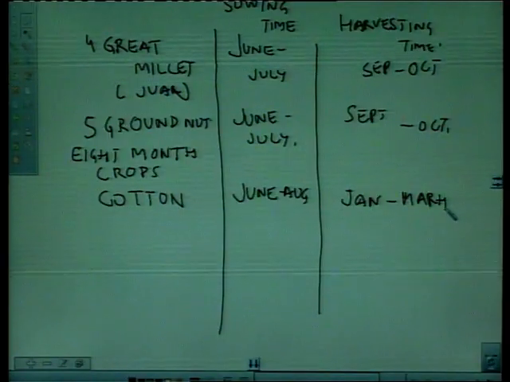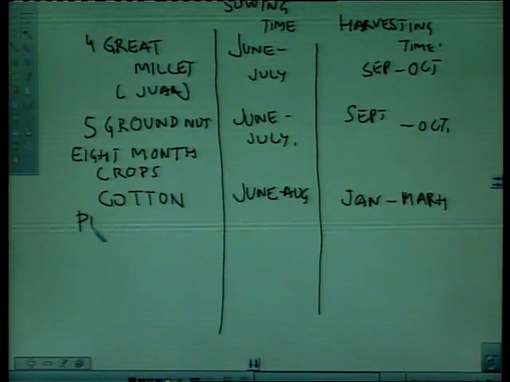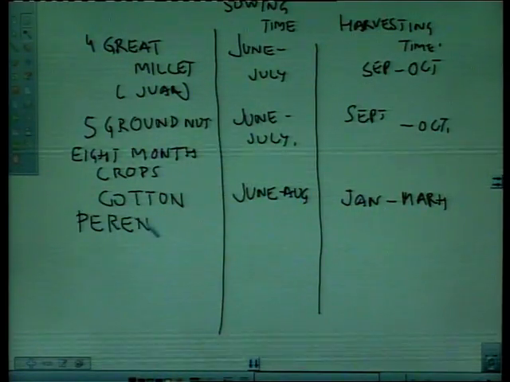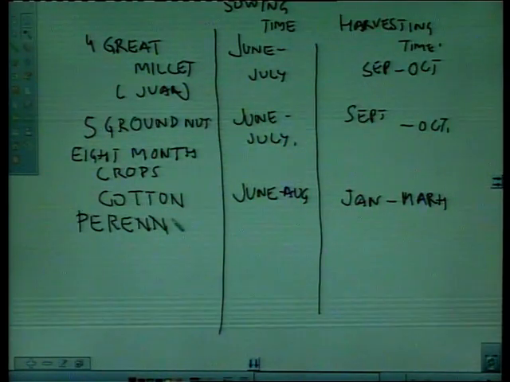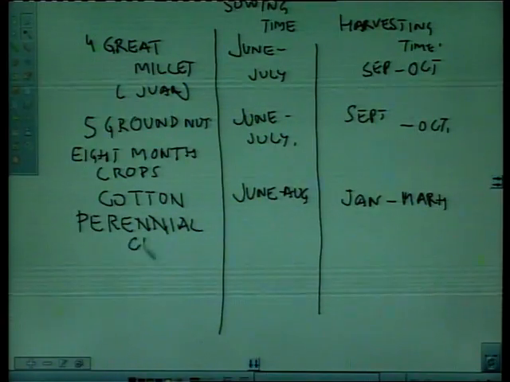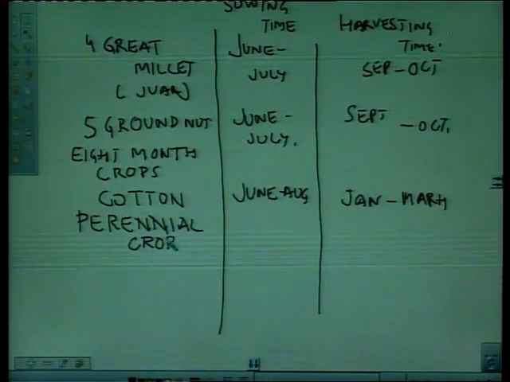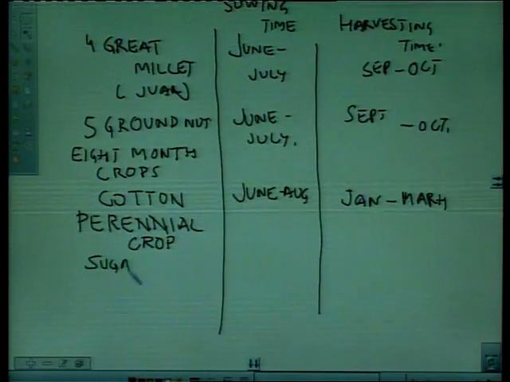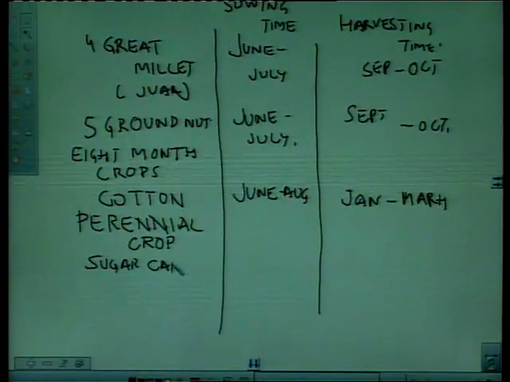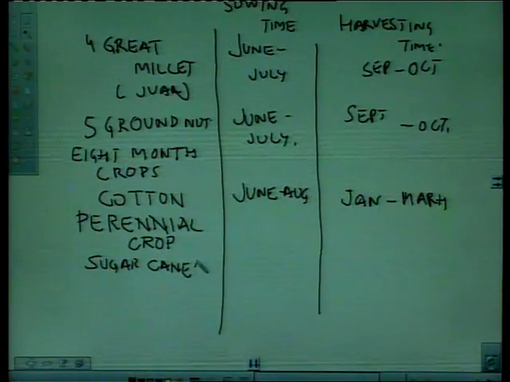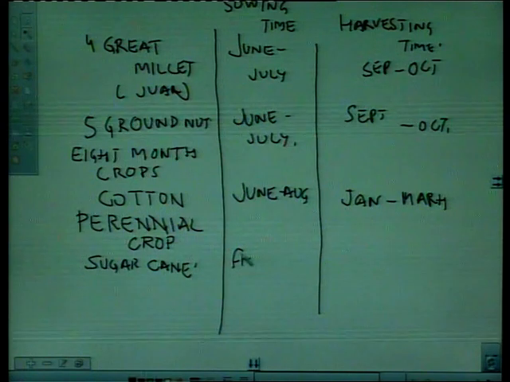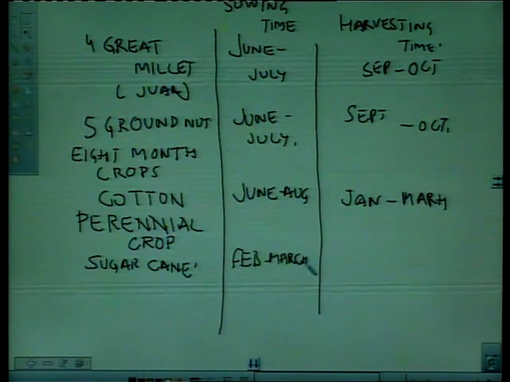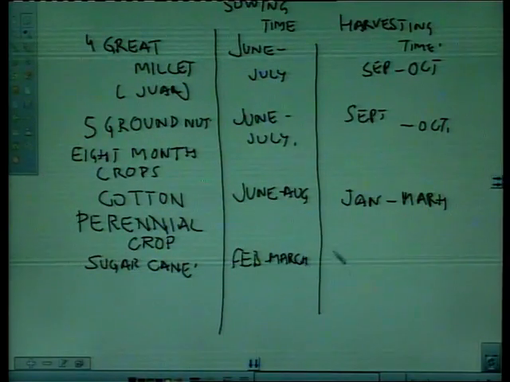Then we have perennial crops. The whole year is required for such crops. Perennial means yearly crop. In this we have sugarcane, and sowing time is February, March, and harvesting time is December, March.